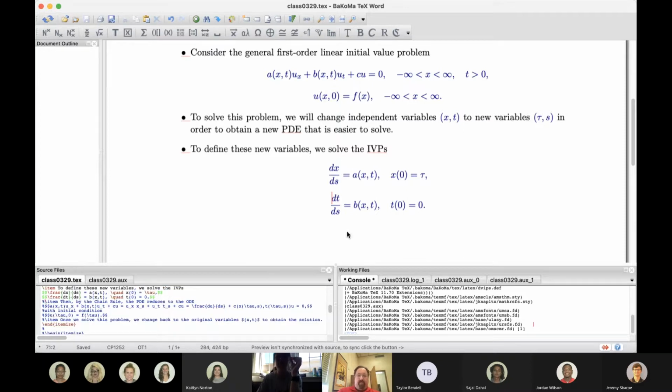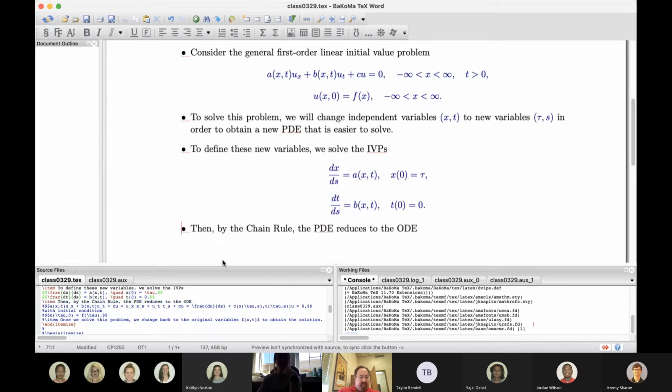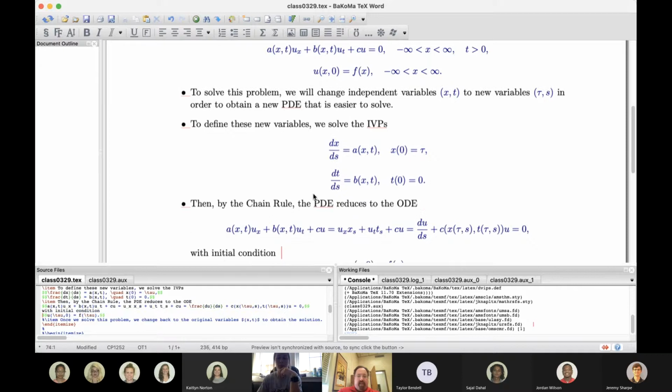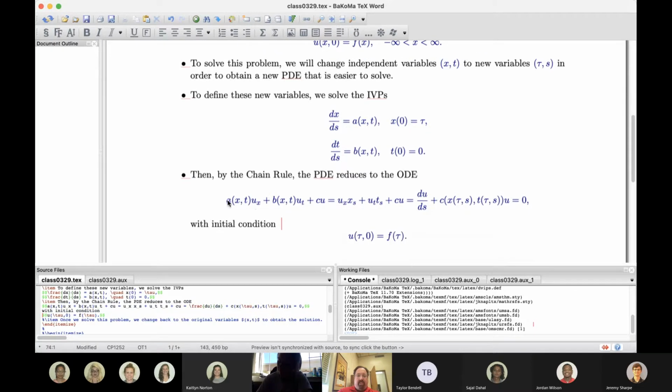Now, the reason why we solve these ODEs is from the chain rule. We go back to our PDE. Well, a is dx/ds, and then b is dt/ds. So if I fill that in here, I have u_x x_s plus u_t t_s.